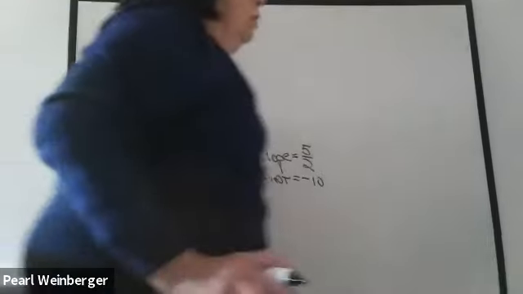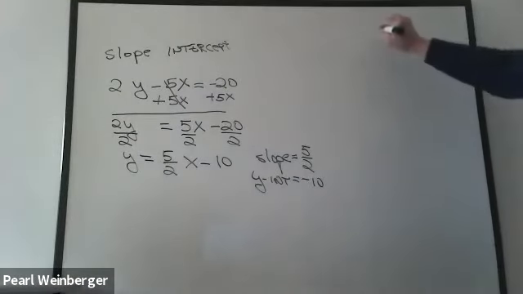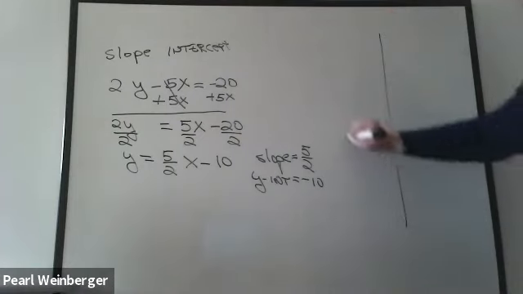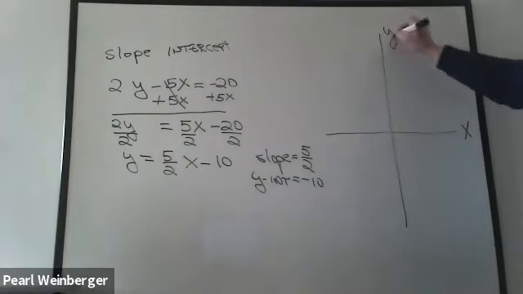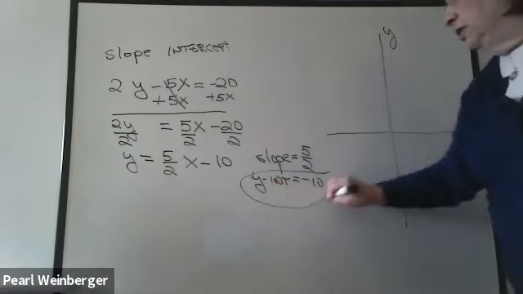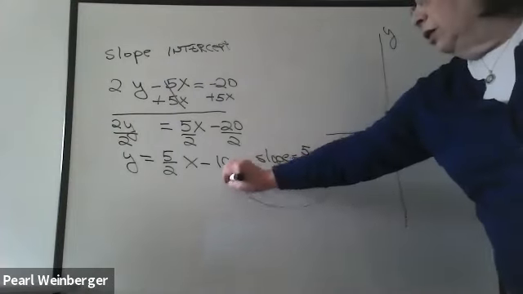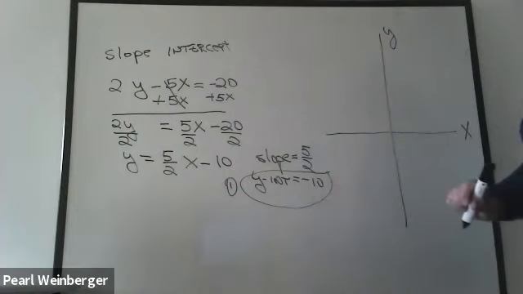Now how do we go from what the slope and the y-intercept are to drawing the line? Whenever I'm graphing a line using slope intercept form, my number 1 step is to go to the y-intercept. The y-intercept is -10.